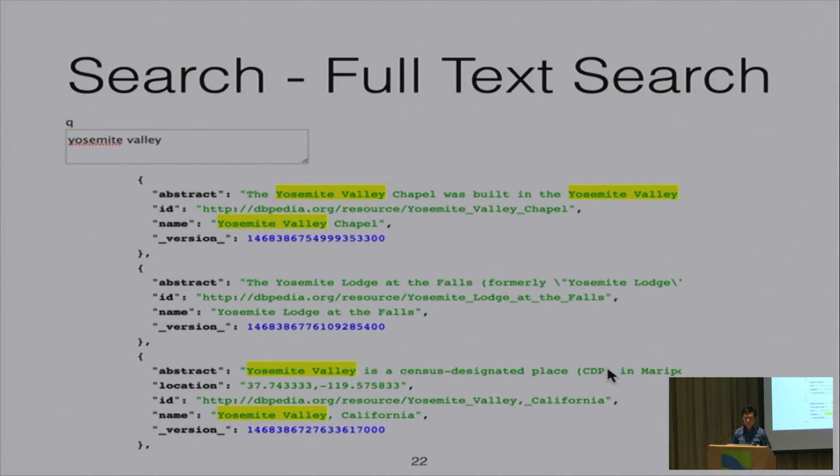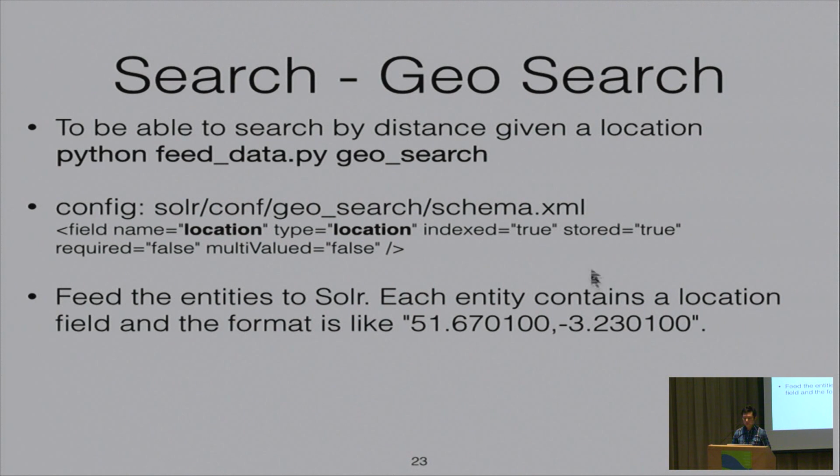And then we would also like to provide geo search for our knowledge base. What we have to do is to add another field in the Solr config, and when we feed the data, we feed the location field, which is in this format, the latitude and longitude separated by a comma.